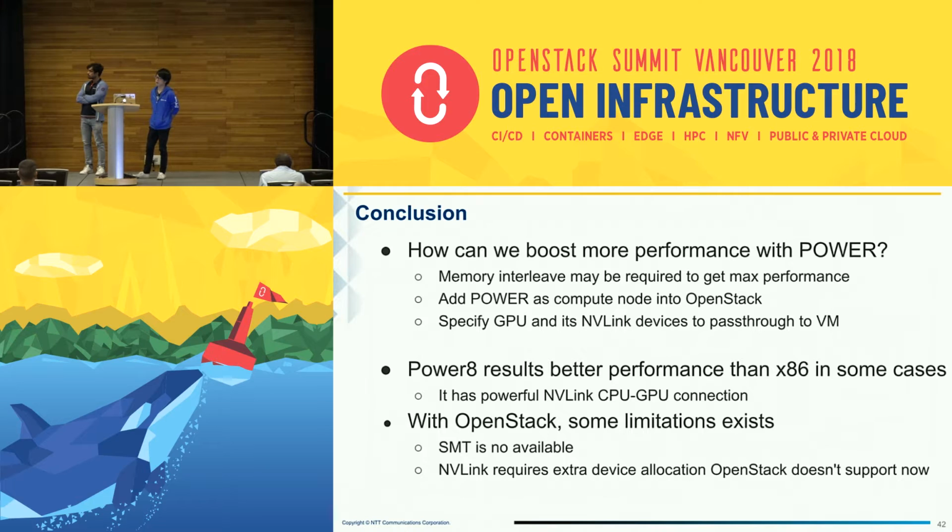Power 8 has a powerful CPU-GPU connection, faster than Intel servers. In the system memory interleave case, we can get better performance. In OpenStack integration, there are some limitations. When using KVM, SMT cannot be used, and OpenStack doesn't support NVLink devices.